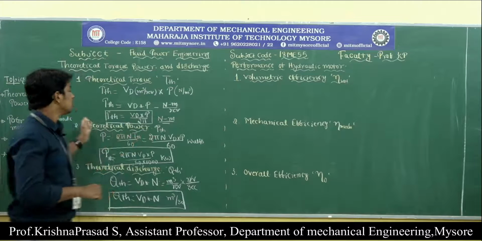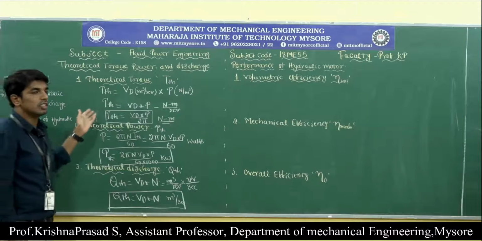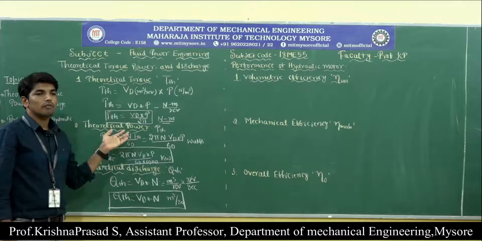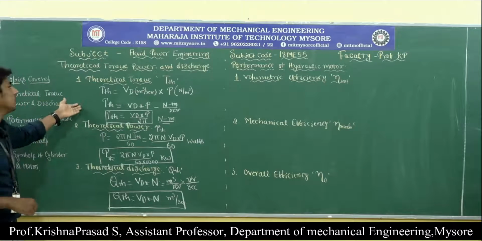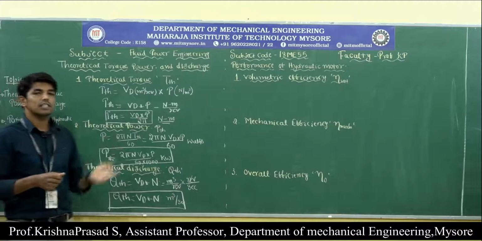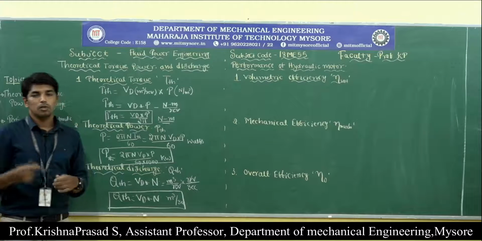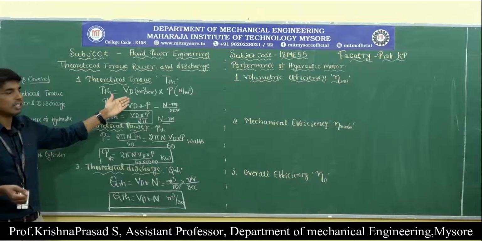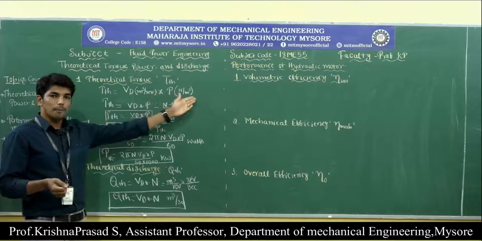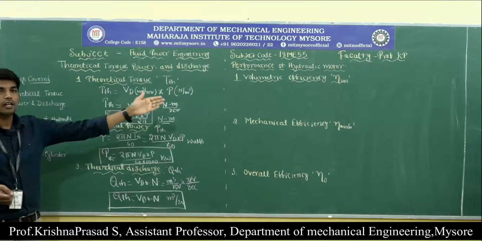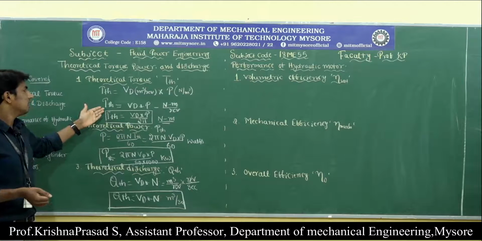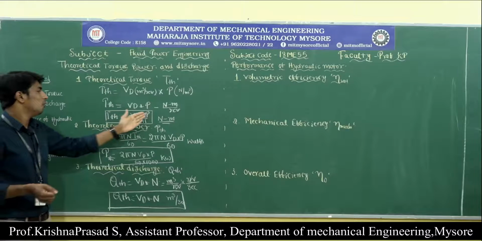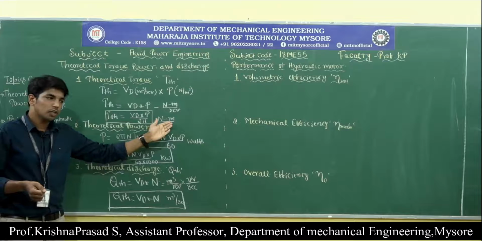Okay, so these are the three formulas we are going to use in solving numericals on hydraulic motors. First one is theoretical torque. Actual torque is always less than the theoretical torque because of the frictional losses. Theoretical torque is equal to volumetric displacement or theoretical discharge into pressure, the pressure of the oil entering the motor. Then theoretical torque is equal to Vd into P by 2 pi in Newton meter.